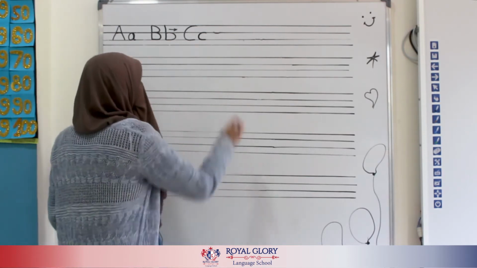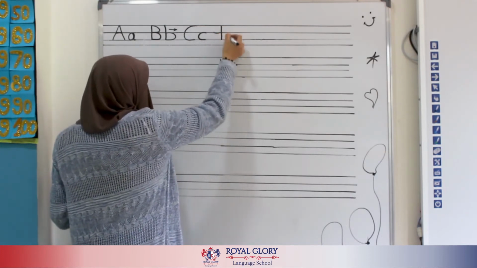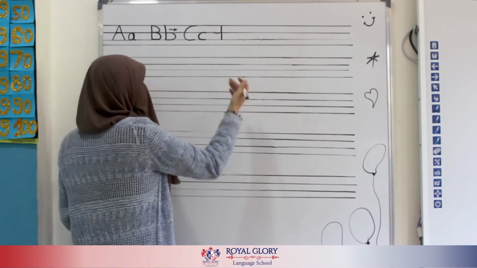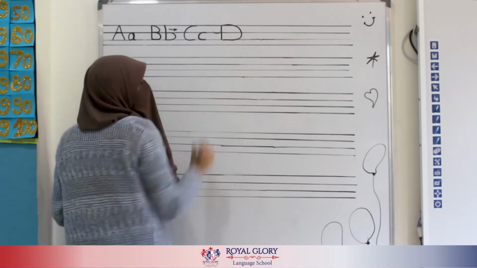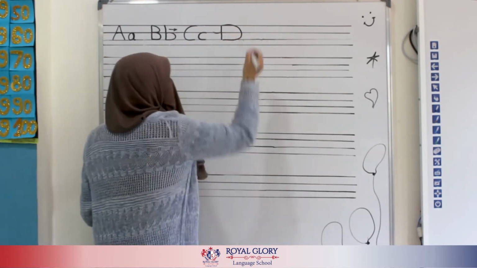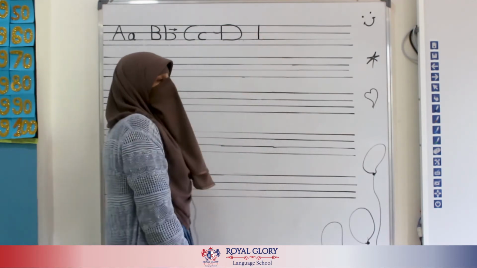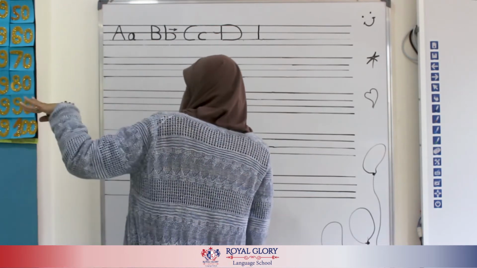Letter D, its sound is D, like in dog. Dog. How to write it? Standing line down between line number 1 and line number 3, and big half circle, like this. Okay, the lowercase: standing line down and small half circle left, like this.